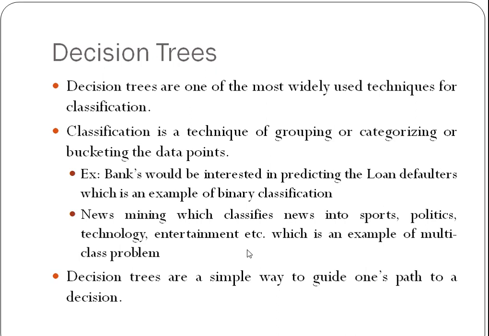And what is regression? Regression is nothing but prediction. We will have a separate model for that. Just to give a brief understanding, in the case of classification, the output is a categorical variable.